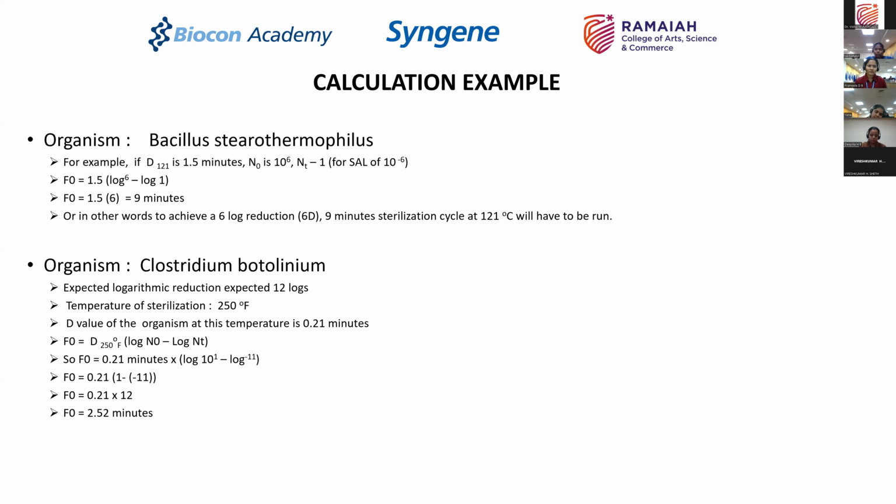So with this, I'm going to end this first session on F0, D, and Z values. When we come back, I'm going to give you some examples to calculate D value, Z value, and F0 values.